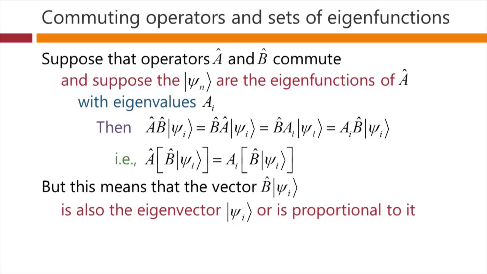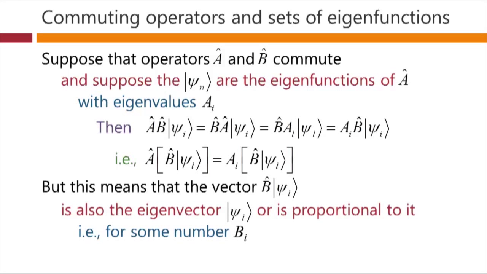And since by assumption here we're presuming non-degenerate eigenvalues, then this vector here must be psi I, or be proportional to it. That is, for some possibly quite different number bi, B operating on psi I must give us some number times psi I. Because as we said, this vector here must really be just psi I within some constant or other.